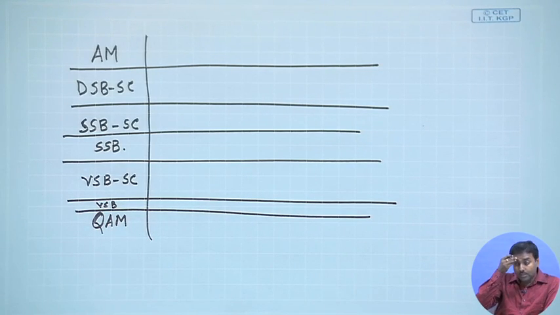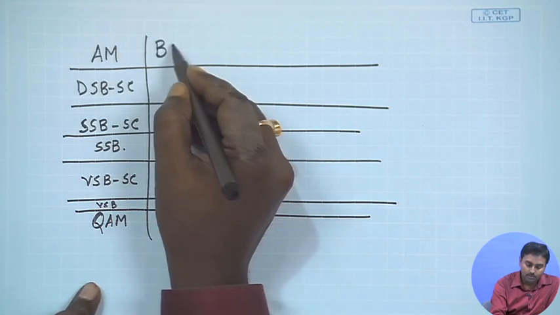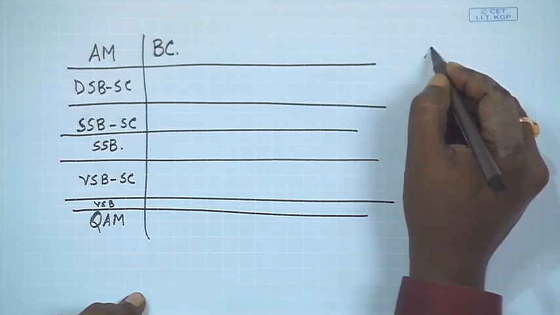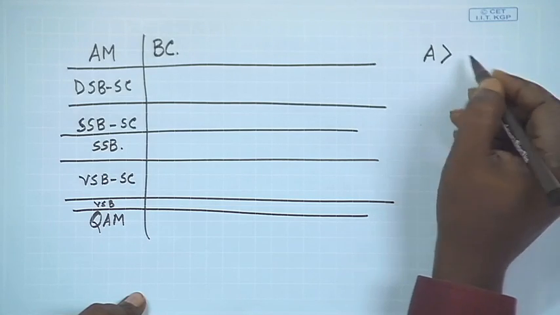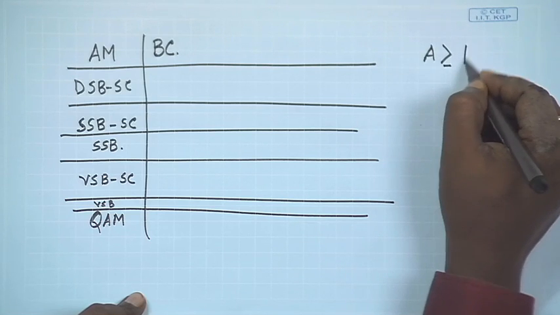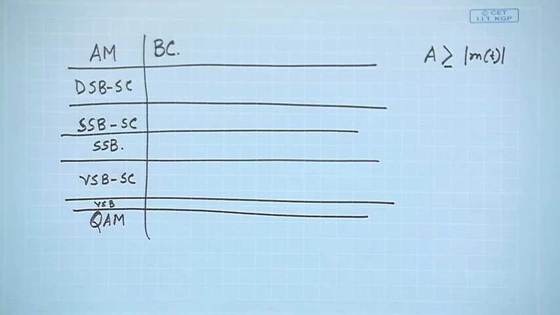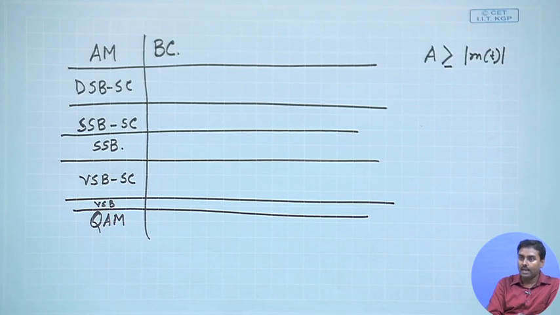Okay. So, AM is generally used for broadcasting, because we have seen that whenever we use AM, and we have the condition that A is greater than or equal to the magnitude of m(t) for all values of t, I will not have any phase reversal.